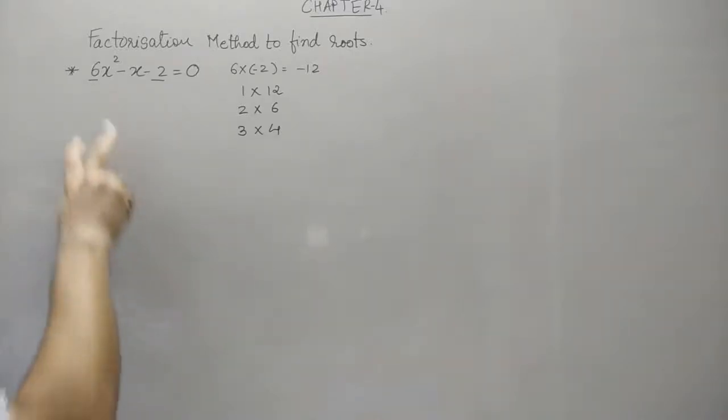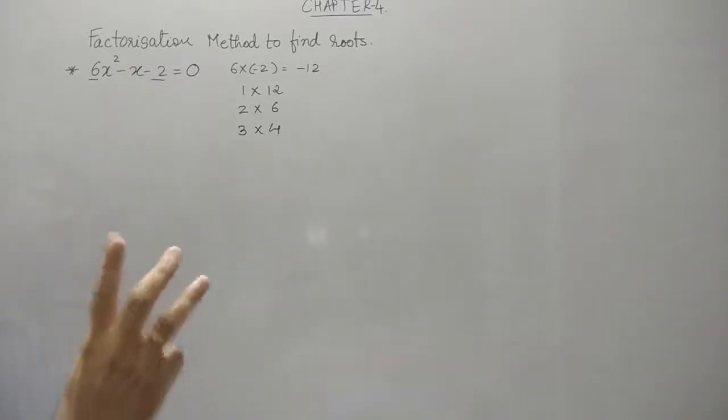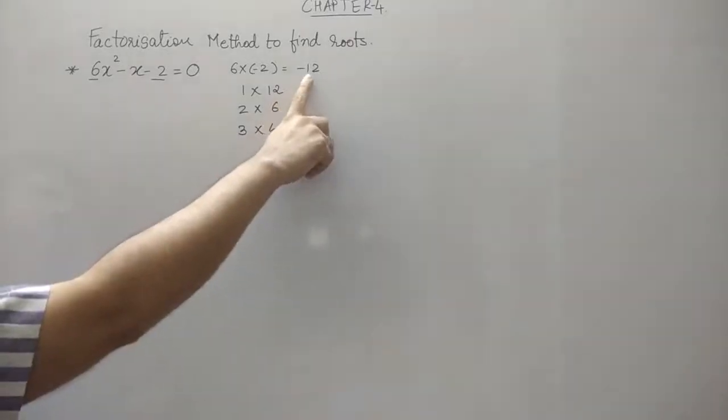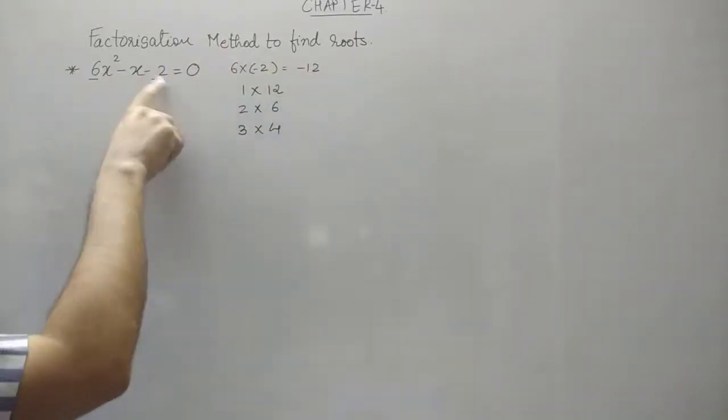Remember, to find the factors, or we can say the roots, by the method of factorization, there are three things we should remember. The first: we have to find the factors of which number? As we came to know, 12, the product of these two numbers.